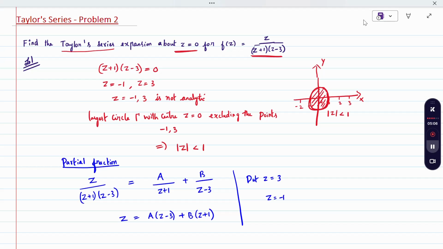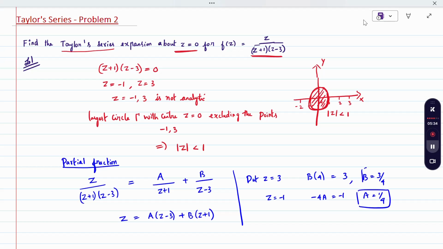Put z equal to 3, a will be cancelled, so I get b. 3 gives 4b equal to 3, so b is 3 by 4. In the same way, z equal to minus 1, b will be cancelled. Minus 1 gives minus 4a equal to minus 1, so a is 1 by 4. So I got both answers.